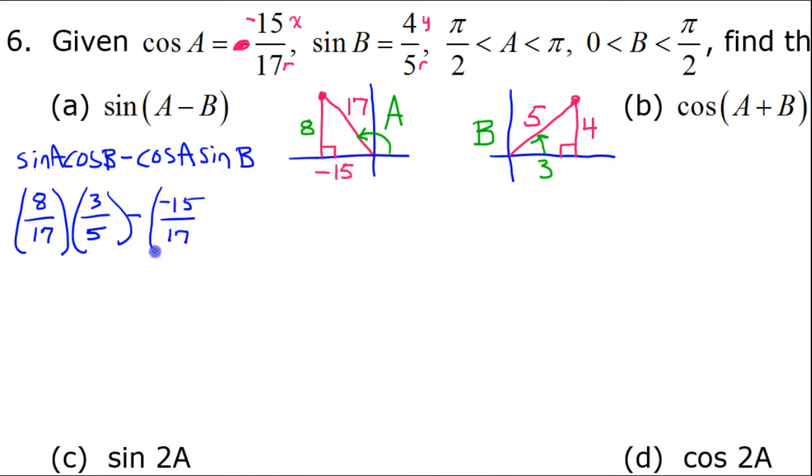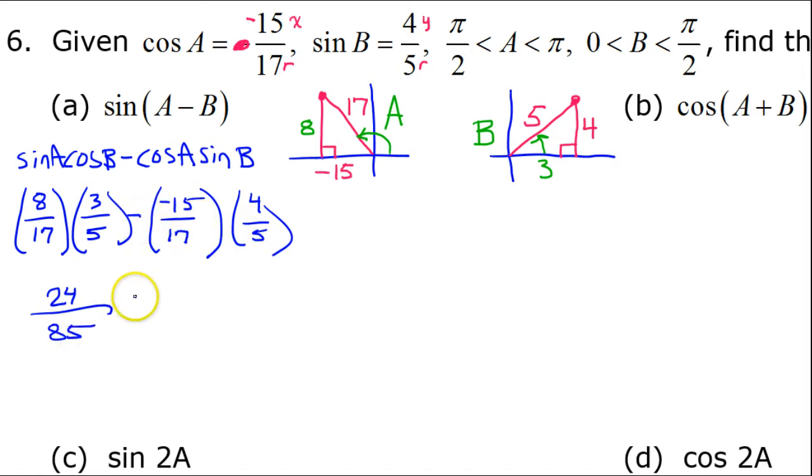Sine of B, that's 4 over 5. So we just have to simplify this expression. So let's see, 8 times 3 is 24. So I've got 24 over 85.